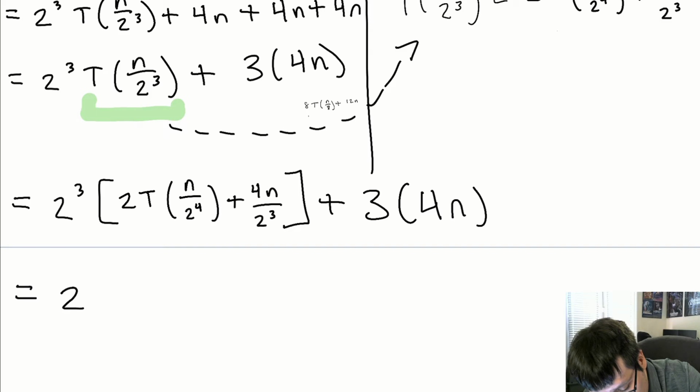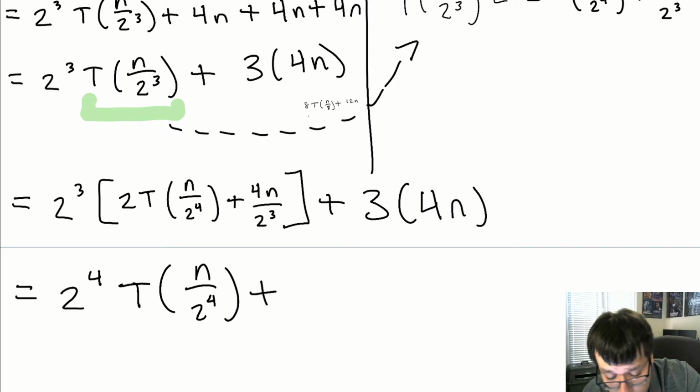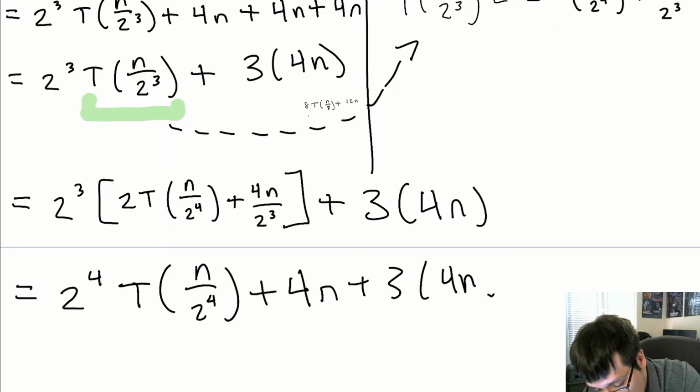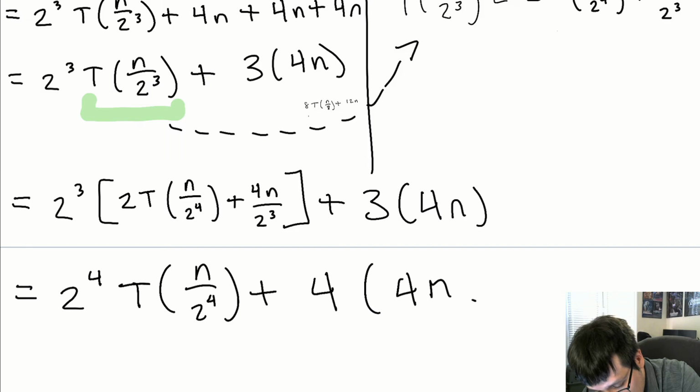So this becomes t of n divided by 2 to the 4th, plus, and then this literally just becomes another 4n from this, which we can just add to the existing ones that we have here. So this whole thing is going to become 4 times 4n.